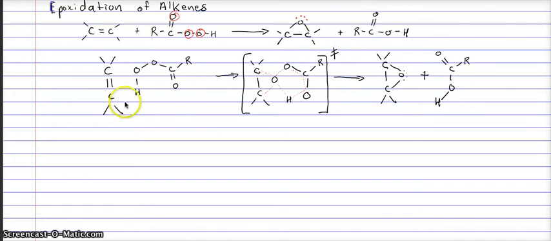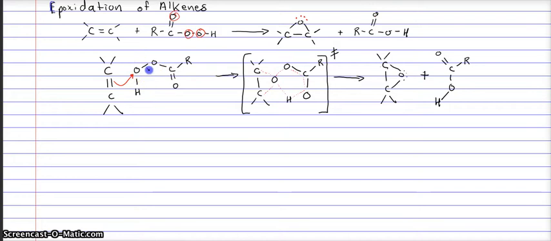Let's take a look at the mechanism. We'll have our alkene, and I've set this up so hopefully you can see the flow of arrows a little bit easier. We're going to have this nucleophilically react with this oxygen. The oxygen-oxygen peroxide bond is going to break, which will drive the whole process forward.